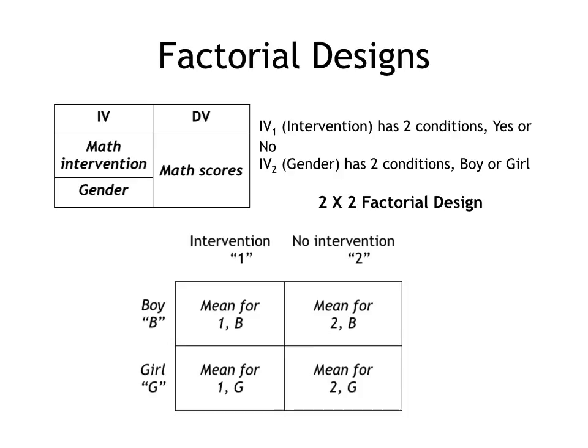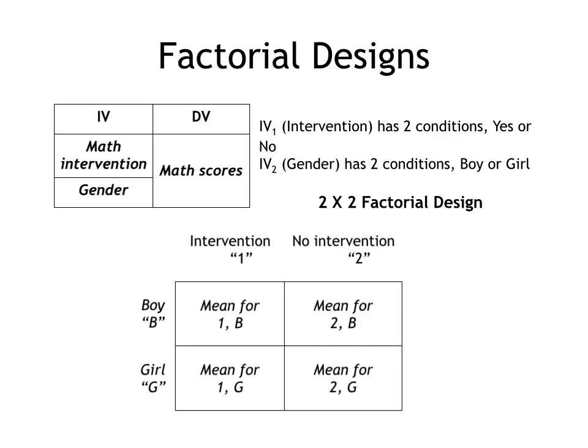Down to the bottom left, I'm going to record the mean on the scores for the girls who got the intervention. And on the right, in the bottom, I'm going to record the scores for the girls who did not get the intervention. So I have 4 different mean scores that I'm looking at for these different groups.